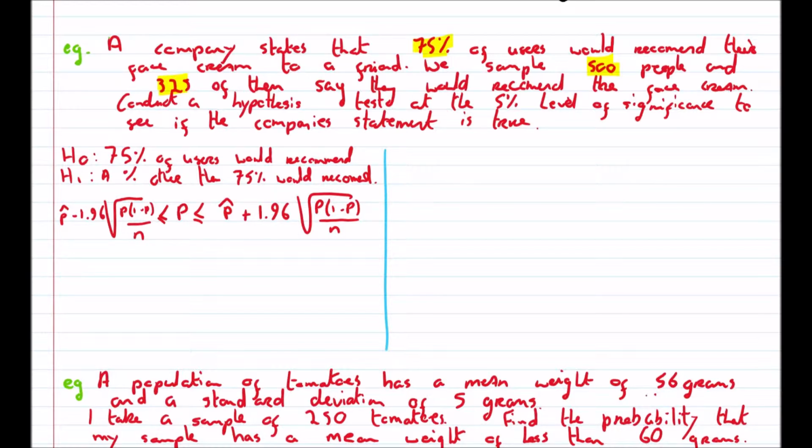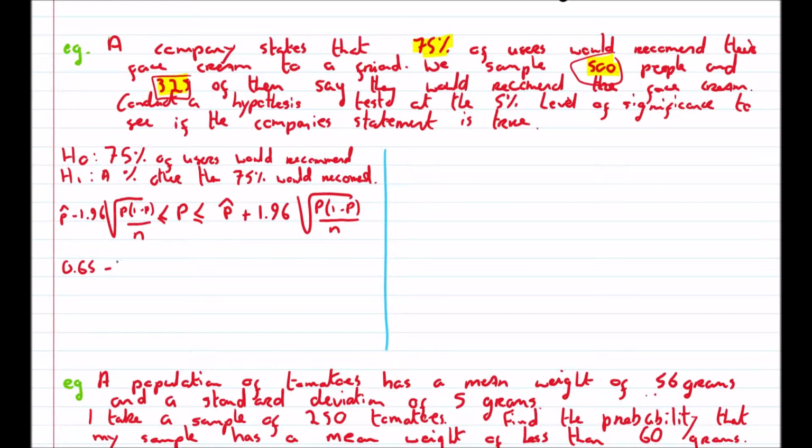So p hat is 0.65, and how I got that is I put the 325 on top and the 500 in the bottom, so divide one into both and I get 0.65.